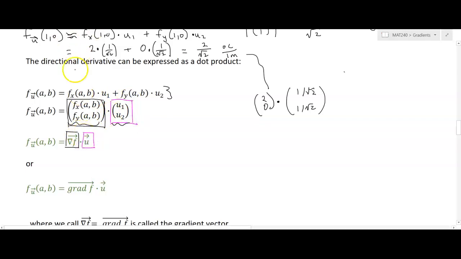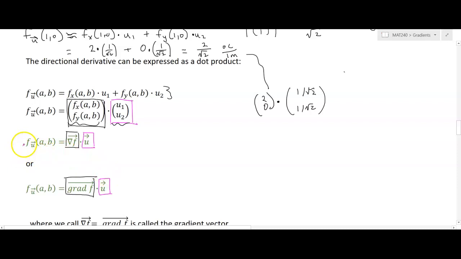And an alternative notation, instead of using the inverted triangle, is to write the word grad F and put a vector over that. You'll see some textbooks don't put the vector over that, but I think it's important to do it because it emphasizes that it's still a vector in its own right. And then the U vector has been unchanged.